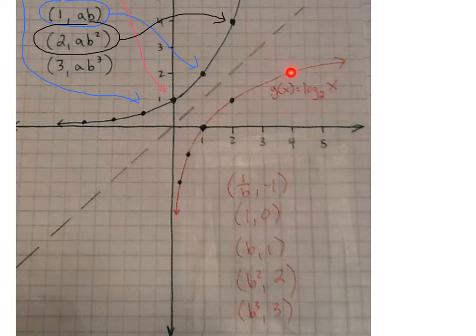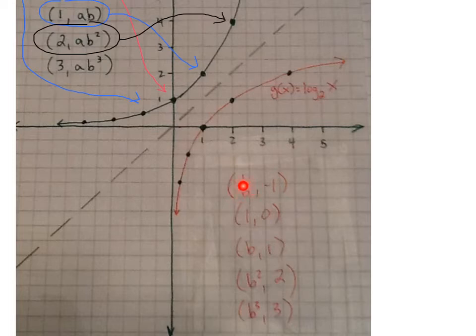So the pattern for graphing the logarithm is more or less the same. You can see I've just switched the x-coordinate and the y-coordinate, and what I have here is 1, 0 is our x-intercept, and then we do b, 1, b squared, 2, b to the third, 3. And if we're going in the backwards direction, we do 1 divided by b, comma, -1, 1 divided by b squared, comma, -2.